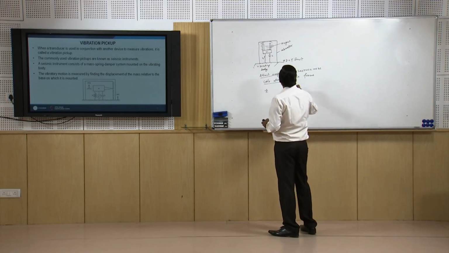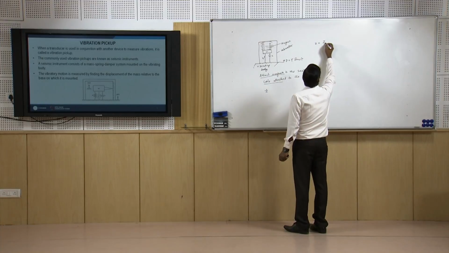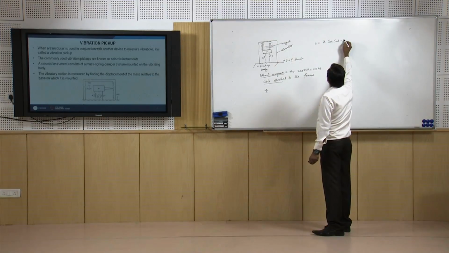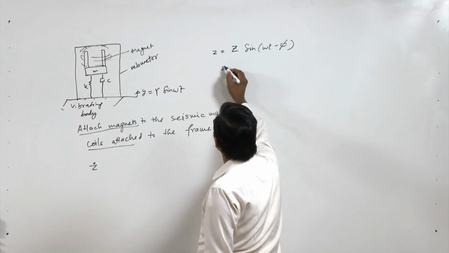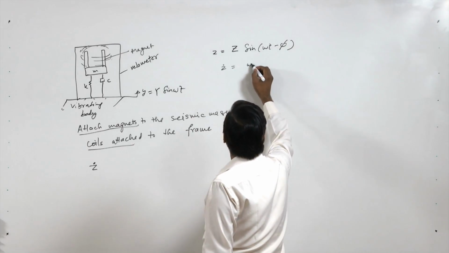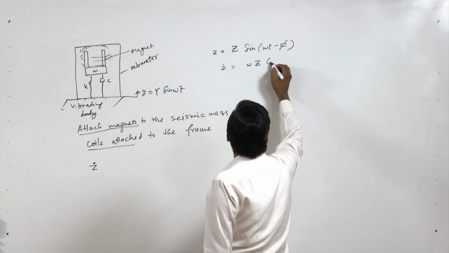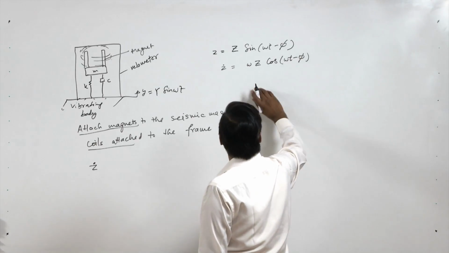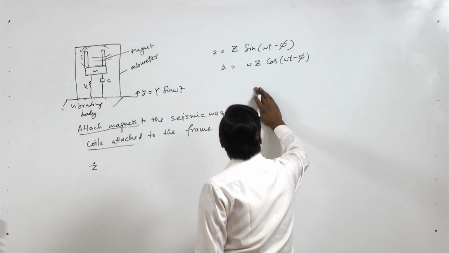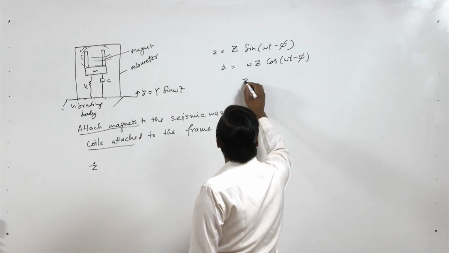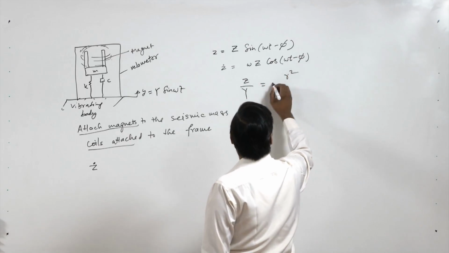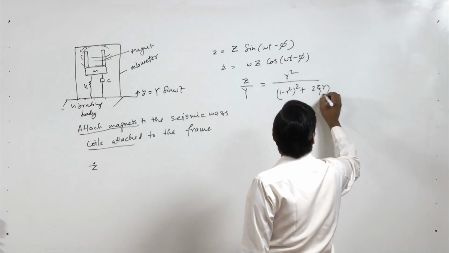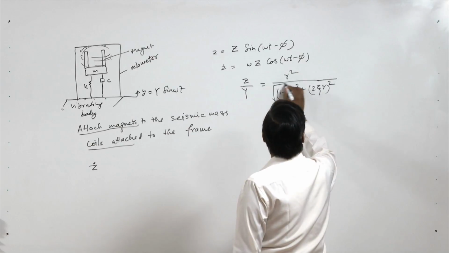Okay, Z is Z sin omega t minus phi. What is Z dot? Z dot is omega into Z into cos omega t minus phi. Now we know that Z by Y equals R square by the square root of 1 minus R square whole square plus 2 zeta R whole square.